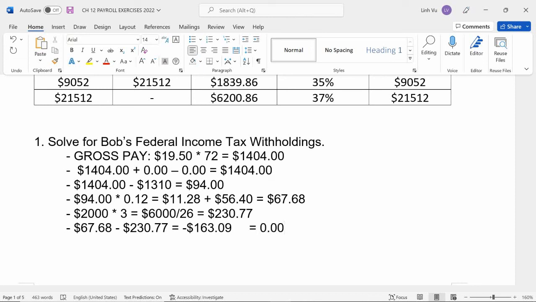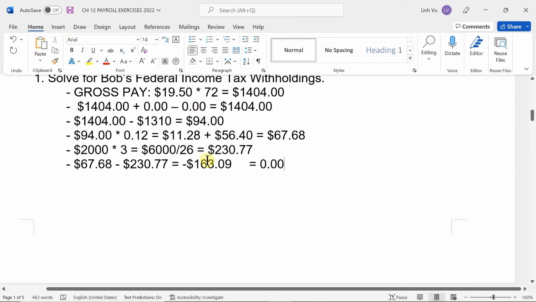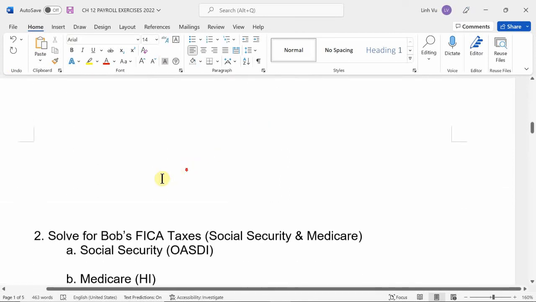You can't pay your employee more than what they've earned. So in this case, the assumption is if it falls below 0, or if it's a negative number, you're going to say that you're going to claim 0 withholdings and let Bob keep every penny from his paycheck for federal income tax. Okay, so that's the first one here, he's at 0.